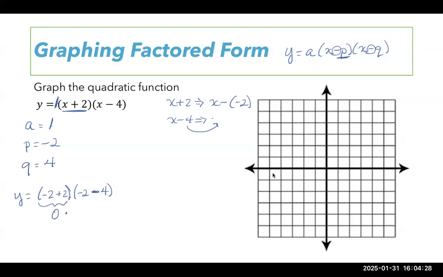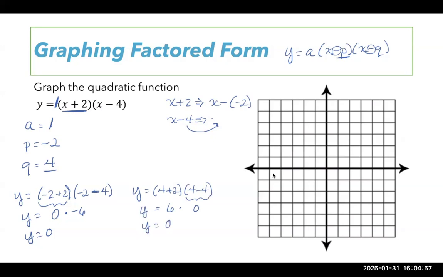So I end up taking 0 times the -6, which means my y is just going to be 0. Similarly, if I'm subbing the 4 in, I would have a 4 plus 2, and then a 4 minus 4. Now it's this factor that becomes 0. And so y is also going to be equal to 0.